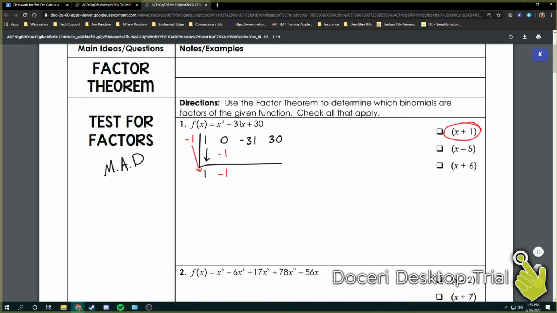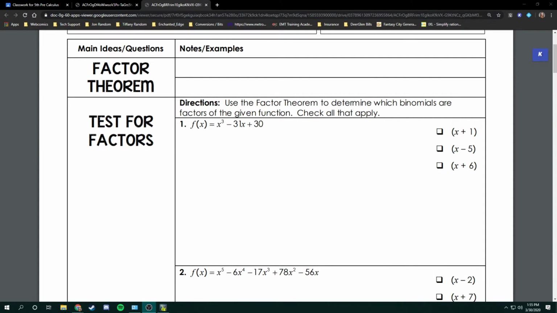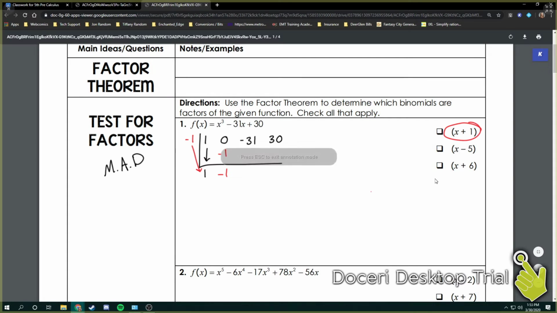Multiply negative 1 times negative 1, get a positive 1, add that to negative 31, get negative 30. Negative 1 times negative 30 is positive 30, add down, and we do get 60 as our remainder. So, not a factor.